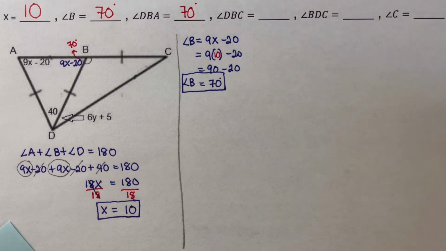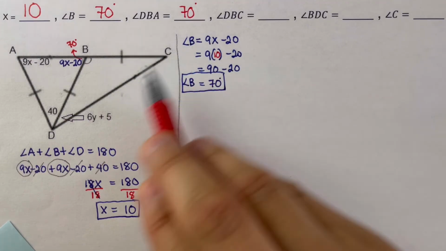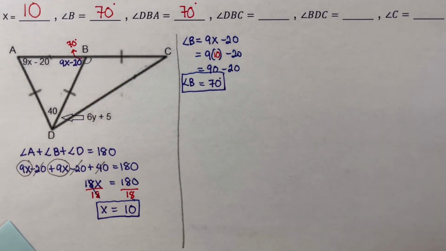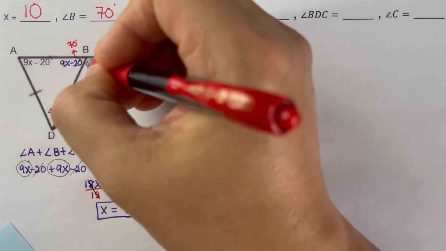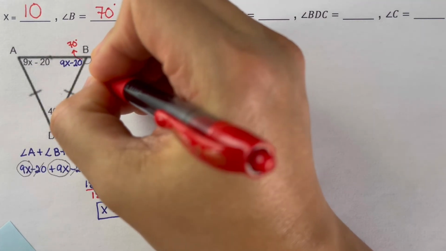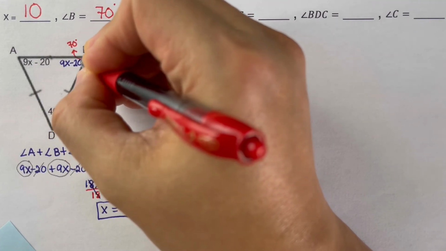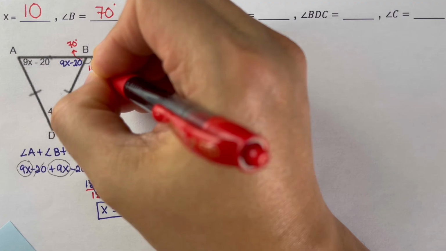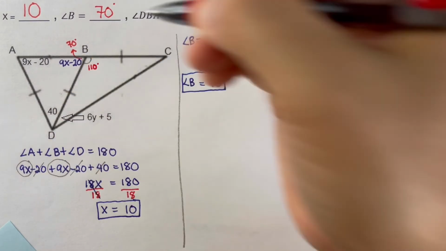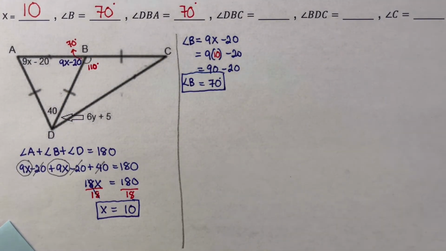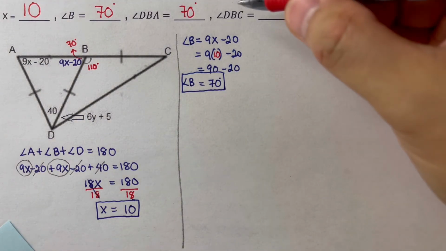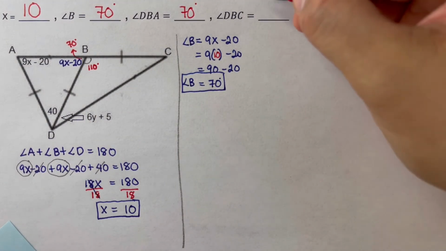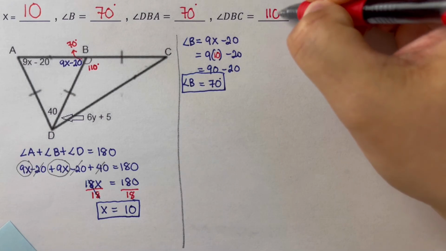So angle DBC is actually 110 degrees, because both the 70 degrees and the 110 degrees make up 180 degrees since they are linear pairs. So our DBC is 110 degrees.